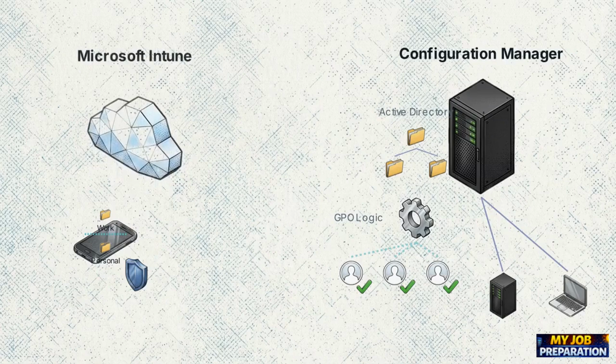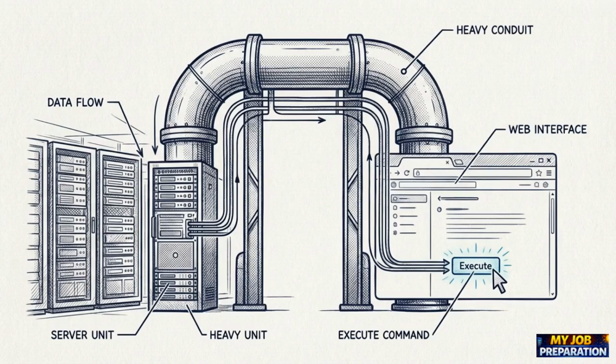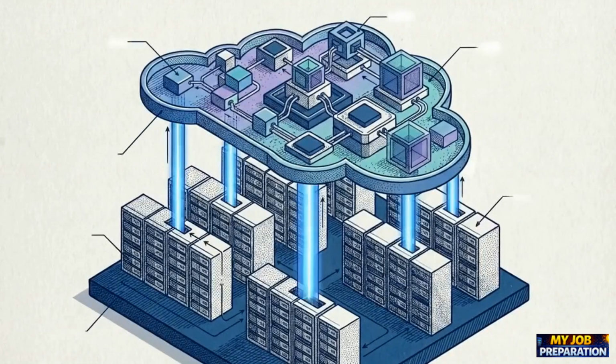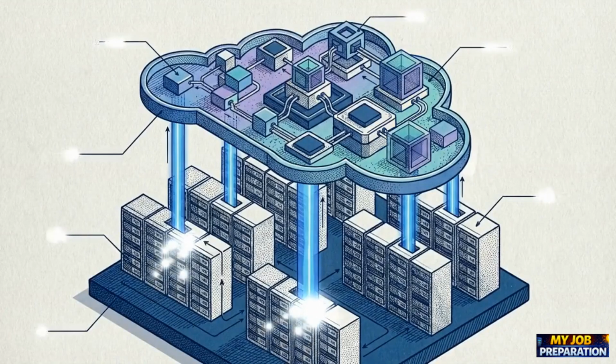The bridge between these two environments is co-management. Co-management allows IT to view and execute actions on on-premises devices directly from the web-based Intune Admin Center, linking the local investment to the cloud. This enables a non-disruptive, phased transition of workloads to the cloud, rather than a mandatory replacement of existing systems.